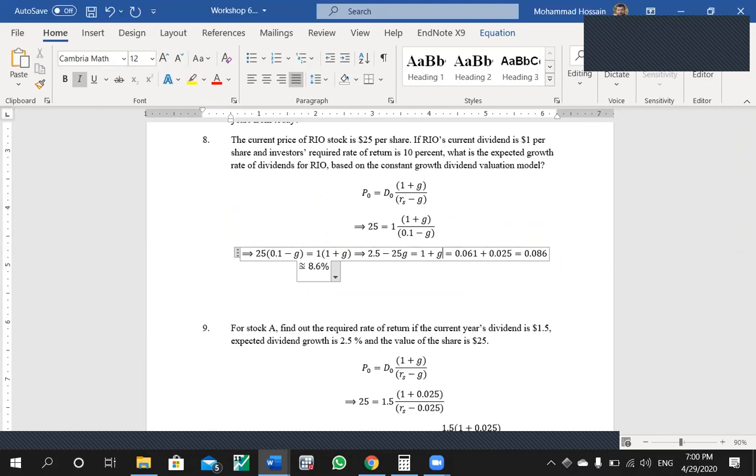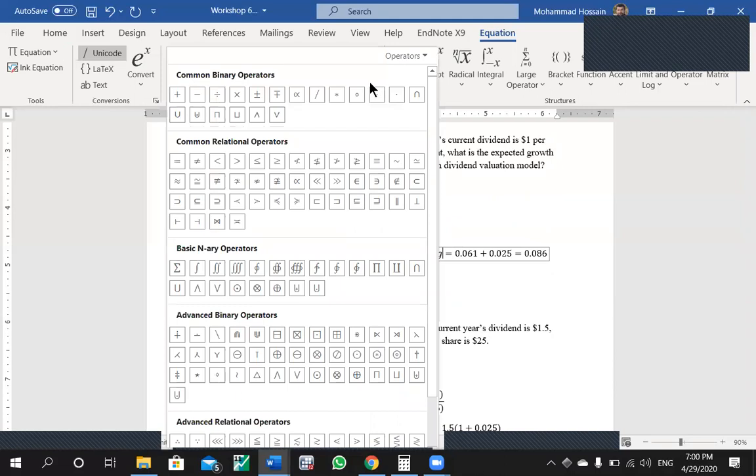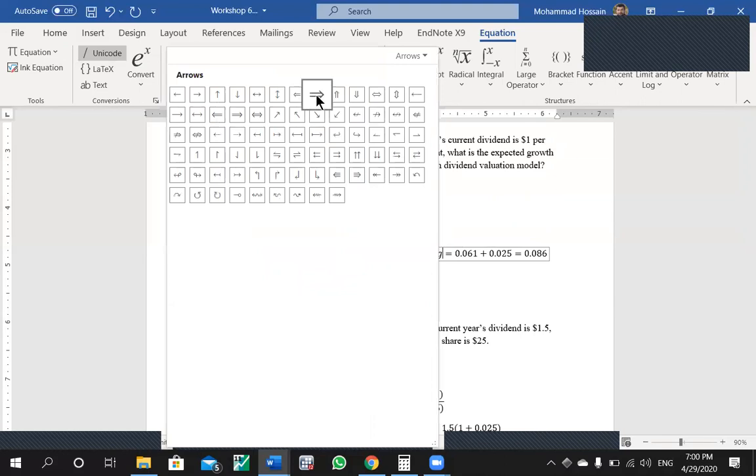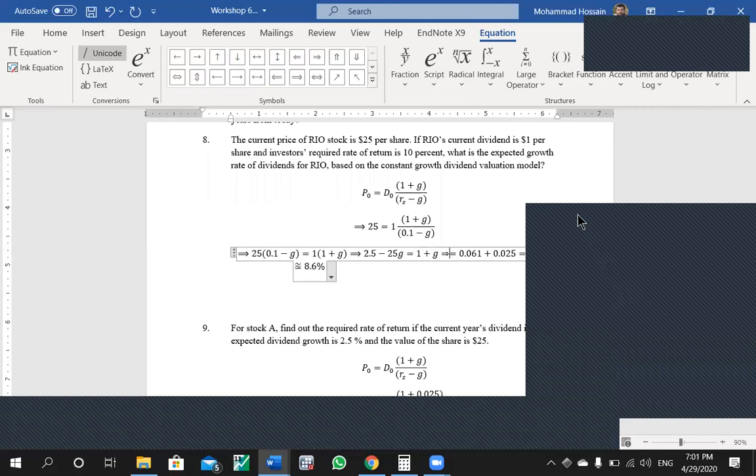From here we can say it will be 2.5 minus 1. Let's change the side actually, okay?